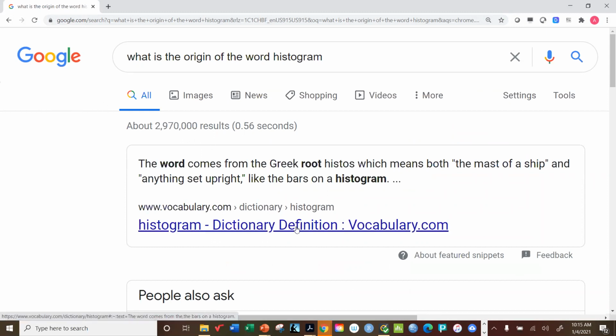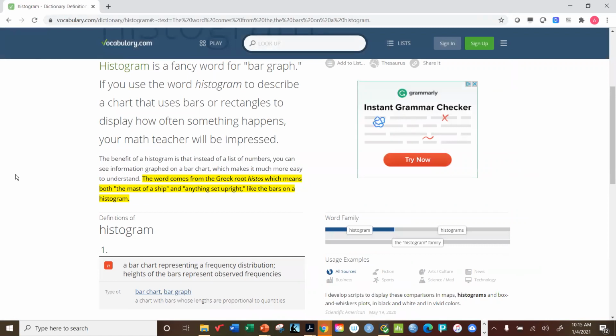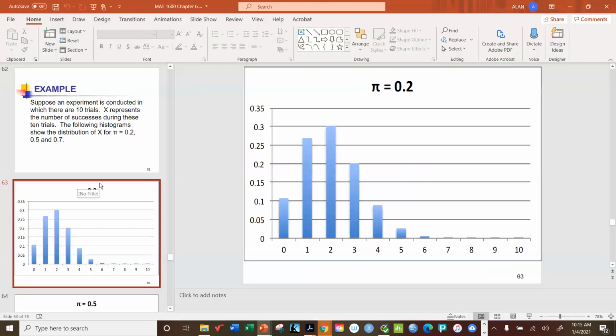Well, there you go. That makes sense. It's like the mast of a ship. So in other words, the only thing that's missing is the little sail. So we could actually put one in there ourselves. Okay, so then all of a sudden it does look like the mast of a ship.